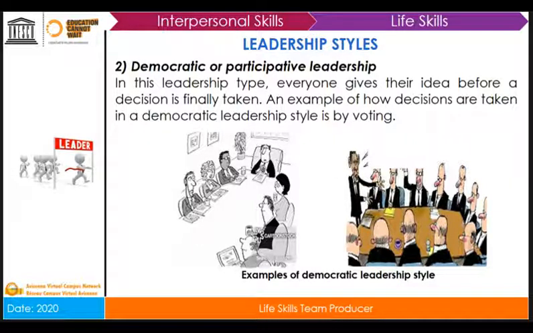For example, in class 1, Mary and John want to take up the position of either a head boy or a head girl. And the only way to know who among them should be the winner is to vote.